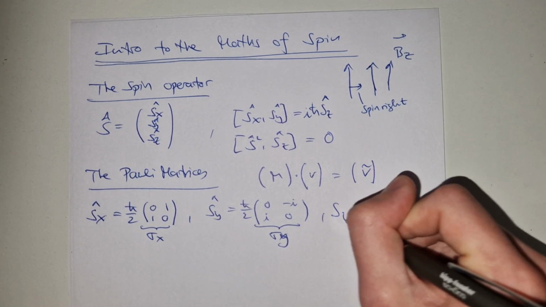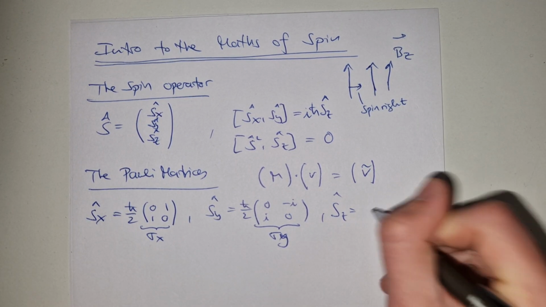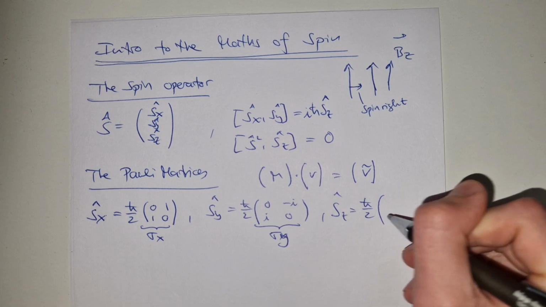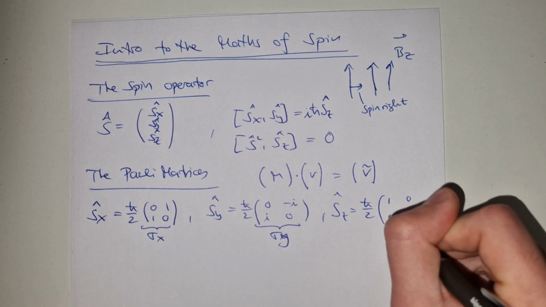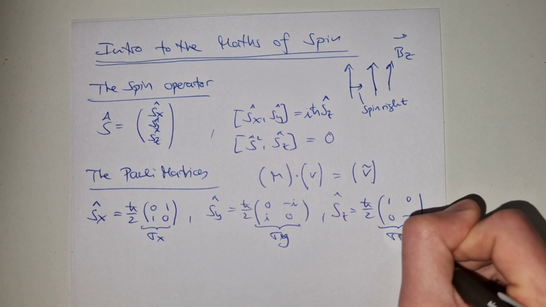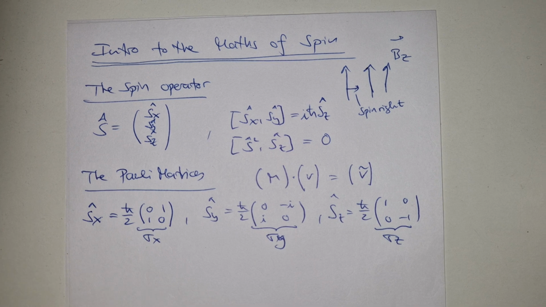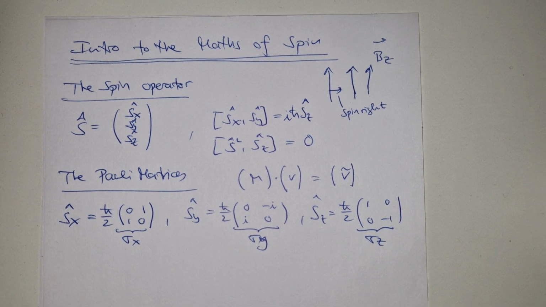And the spin z operator is again h bar over 2 times the Pauli Z matrix, which is 1, 0, 0, minus 1. Okay, so these are the matrix representations of the three spin operators in the three spatial directions.